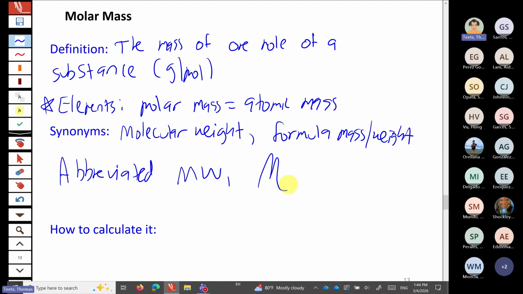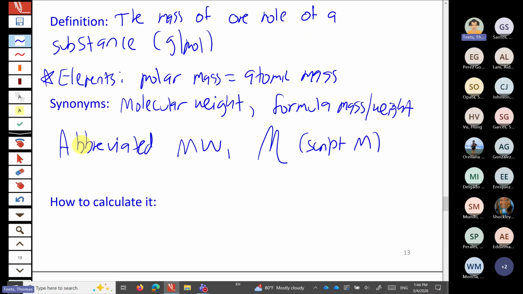You don't have to worry about that, but if you see a fancy script M, it can mean molar mass as well. You'll probably see just MW as the most standard abbreviation. But any of these terms, molar mass, molecular weight, formula mass, can be used and they all effectively mean the same thing.